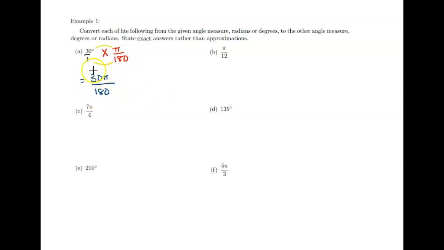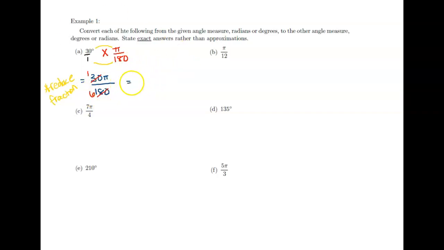Now I can reduce this, so this is the really important part here. We must reduce the fraction. Okay, so this is going to be a pretty clean reduction here, which is nice. So if I reduce this, 30 divided by 30 is 1, but 180 divided by 30 is actually 6.